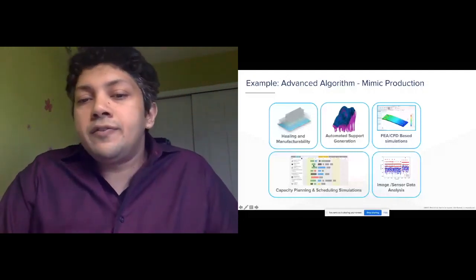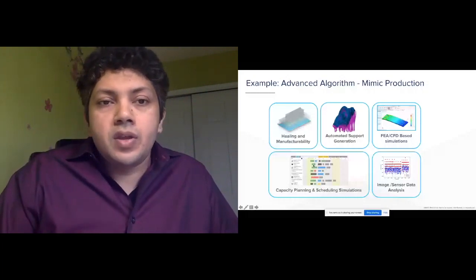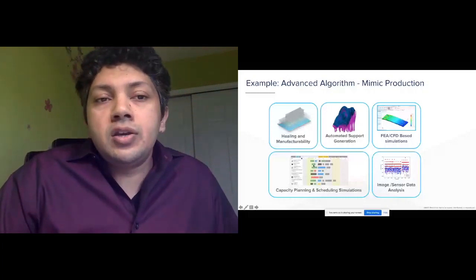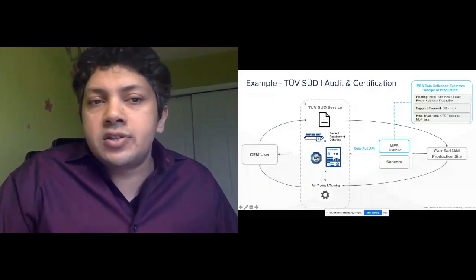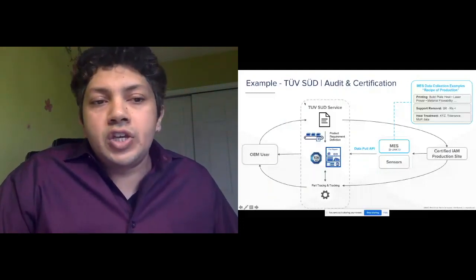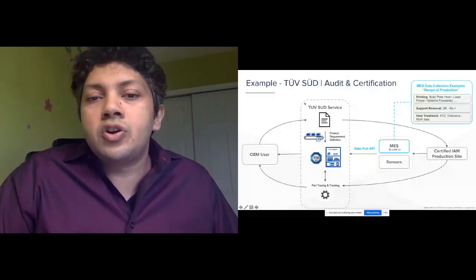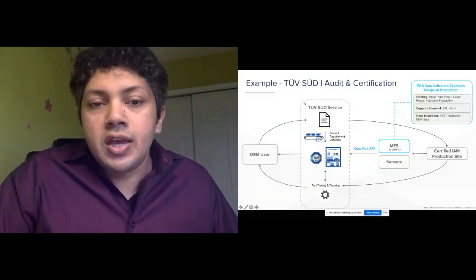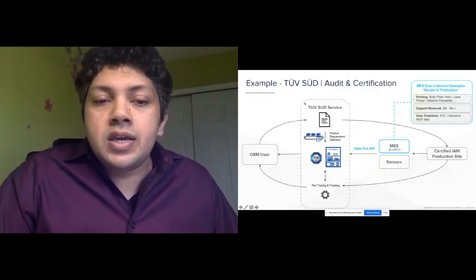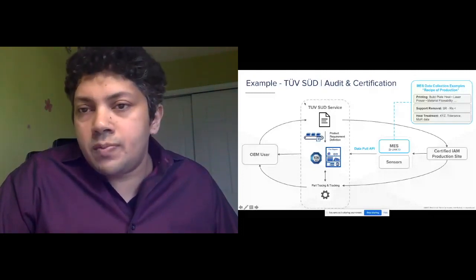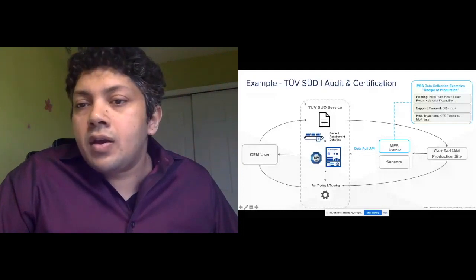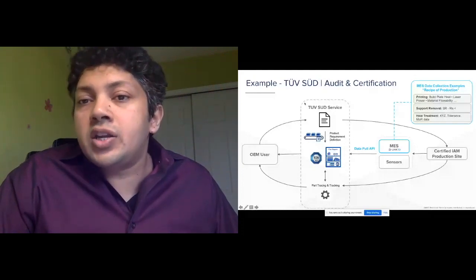So going into the benefits of automation and standardization, I'm going to cover benefits beyond the standard known ones. An organization like TUV SUD, which helps companies achieve certification, is in this case helping an organization to achieve certification by helping them define what data they need to capture.